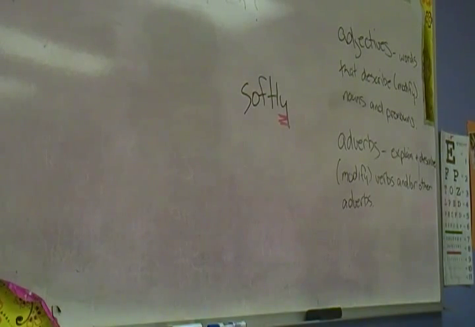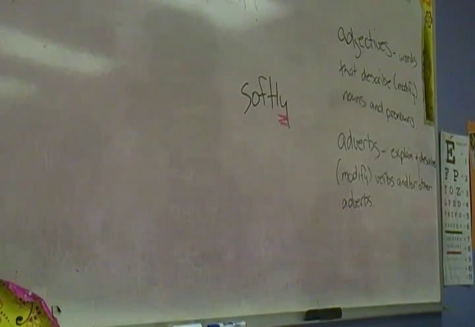So now I gave you an example how it modifies the verb. All right, let me give you an example how it modifies another adverb. I can say, Raymond draws well. He's an artist.